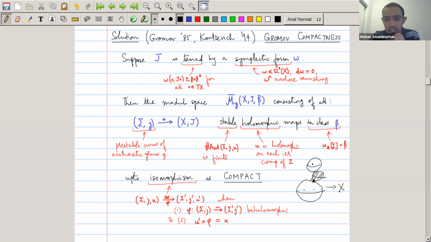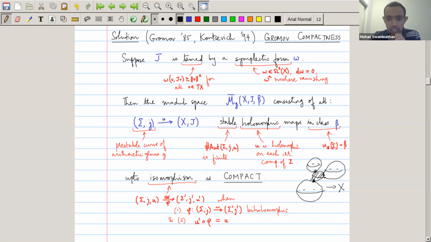So for example, this would be a case where you actually want to introduce a constant component. You have three independent spheres mapping non-constantly, and then you have this constant sphere that sort of mediates between them. The only reason we need this constant sphere is that we are allowing only ordinary nodal singularities, and so we need this thing in between in order to make sure that we don't have a triple node.